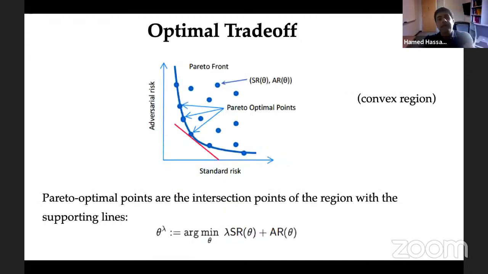Now let's try to study how this boundary looks for the linear regression problem. As I said, this is a convex region, the region of all these pairs. So in order to study the Pareto boundary of this region, we can just use tangent support planes. This is a standard trick to study the boundary.